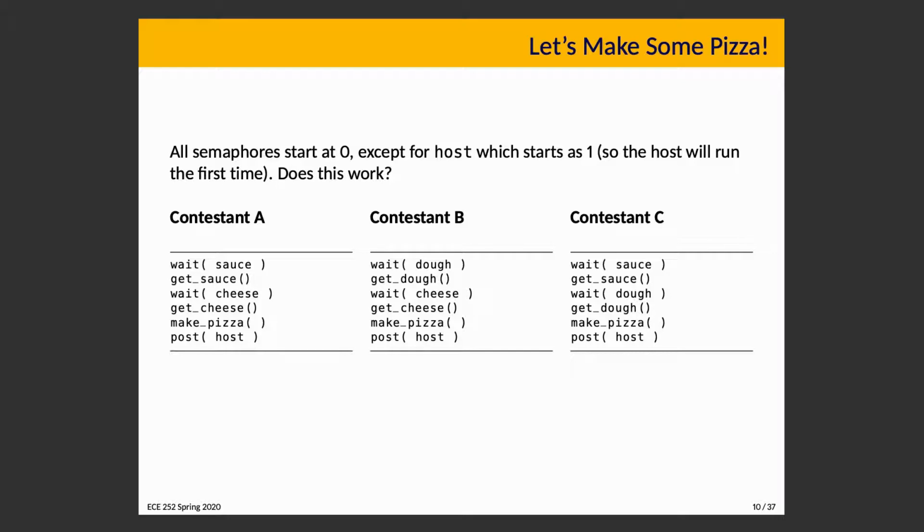Contestant B can't start because dough is something that it's waiting for, and contestant A is still waiting for sauce and doesn't get it. So in this case, we have a deadlock where cheese is on the table, but nobody's interested in it right now. And yet all three are stuck. So there's lots of different ways that you could get stuck, but you can't just say any scenario causes a deadlock. You actually do have to be specific.